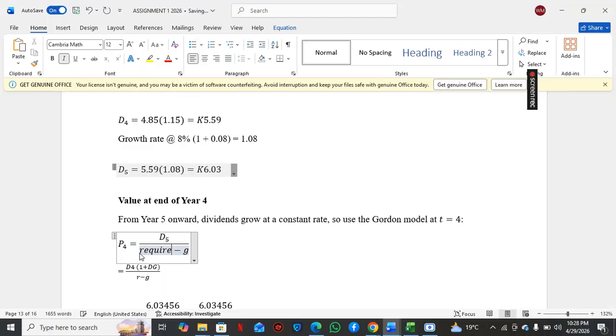The required rate of return, which will be used as the discount rate, the growth rate, and next year's dividend.